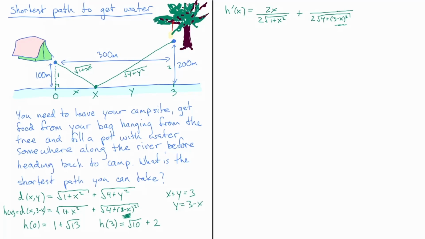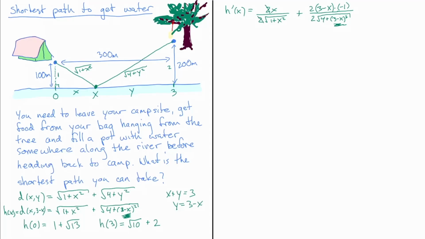We have to take the derivative of what's underneath the square root. The 4 becomes a 0 when you take the derivative, and then the 3 minus x all squared is 3 minus x with a 2 out in front. You bring the power down in front. But now this is x squared with 3 minus x plugged in. So I have yet another chain rule. I have to multiply this by minus 1, which is the derivative of 3 minus x.